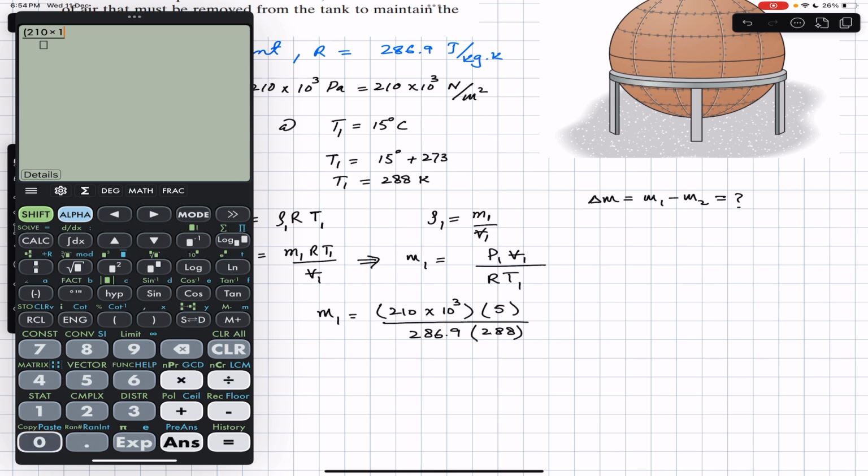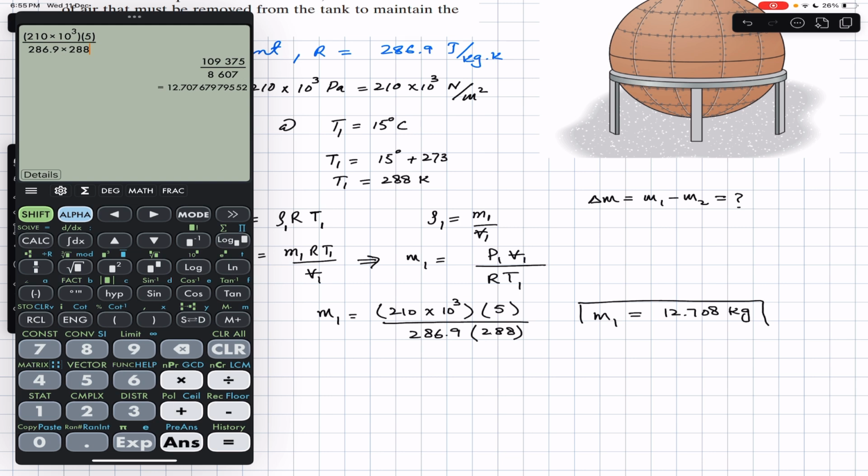So 210 into 10 raised to the power 3 into 5, divided by 286.9 multiplied by 288. This gives me M1 equals 12.708 approximately. This will be in kgs, since we have used all the units in SI.